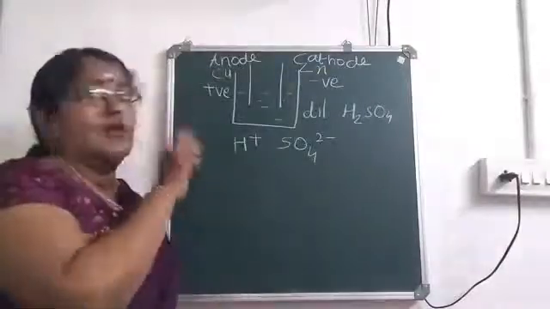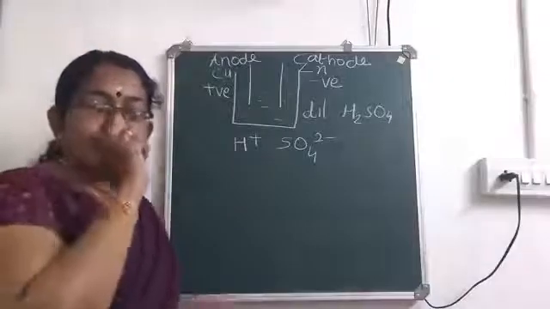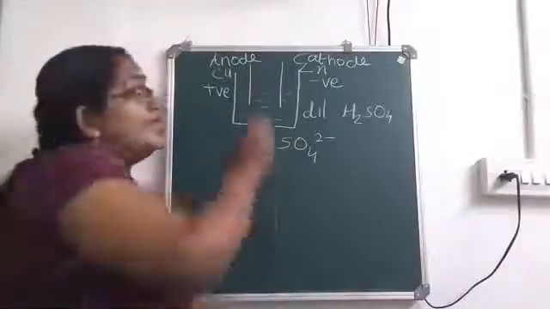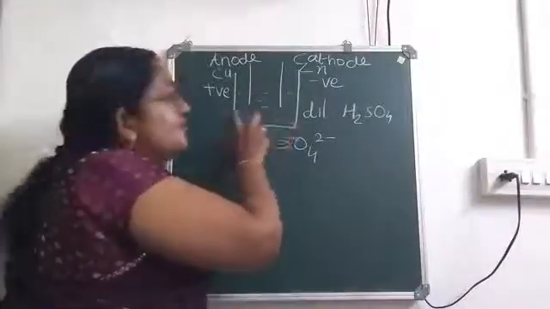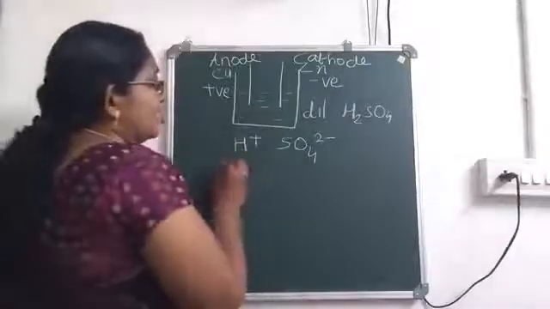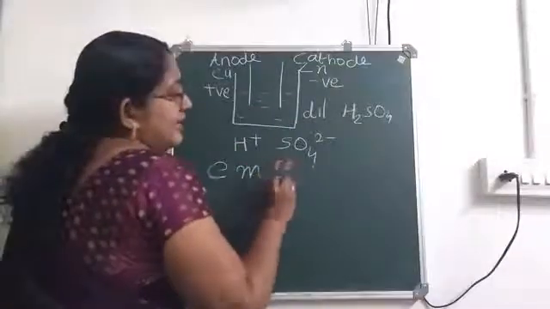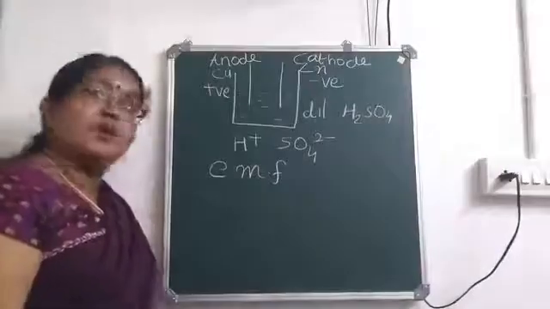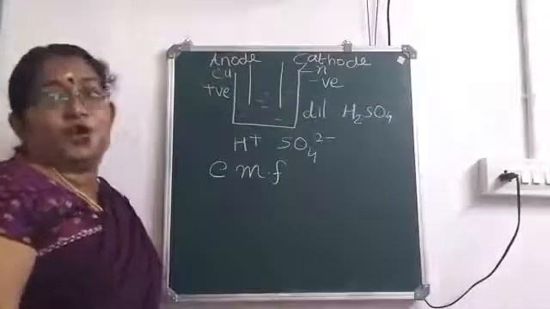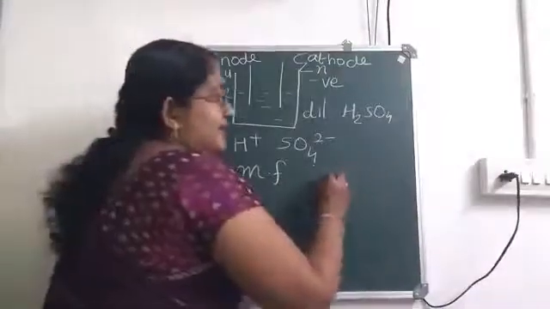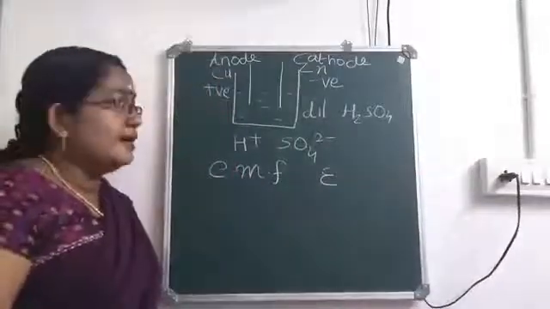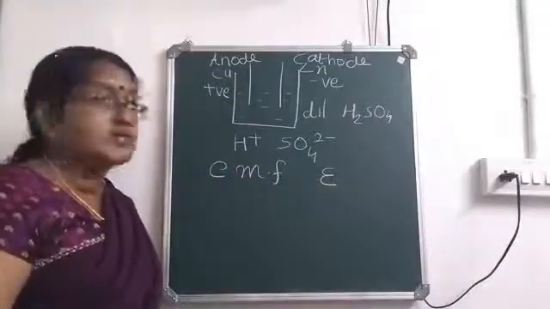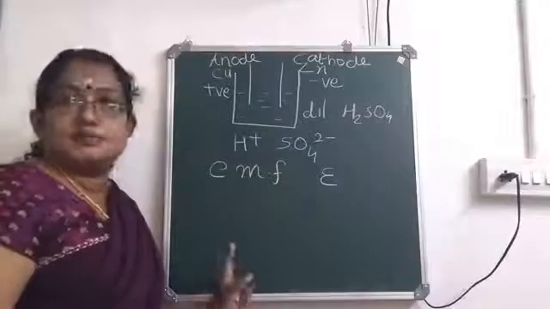In an open circuit, when no current flow is there, the potential difference between the electrodes is called EMF or electromotive force, represented by the letter epsilon.